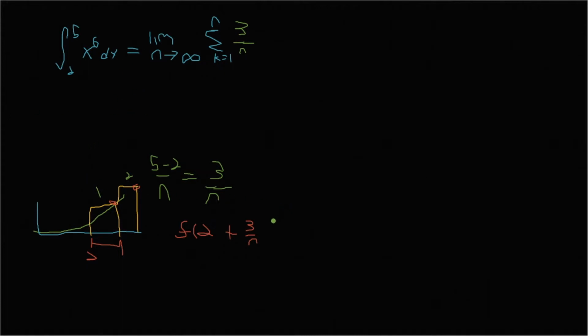And so we would end up doing 3 over n times k, because that's just the number of rectangles we're at. And so this is the height. The starting bound plus delta x times k.